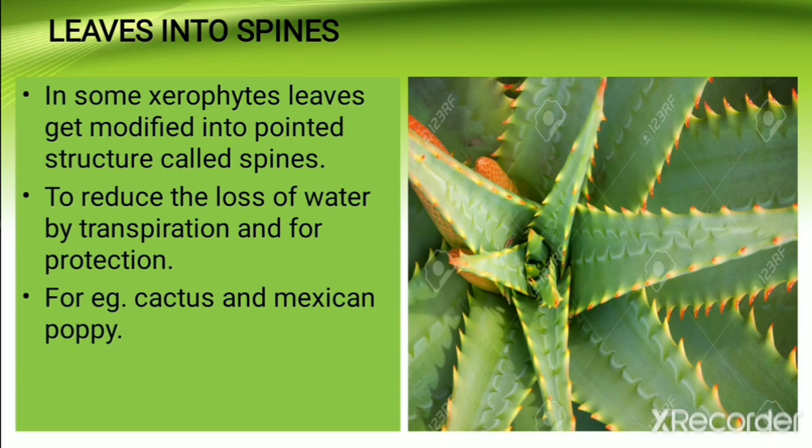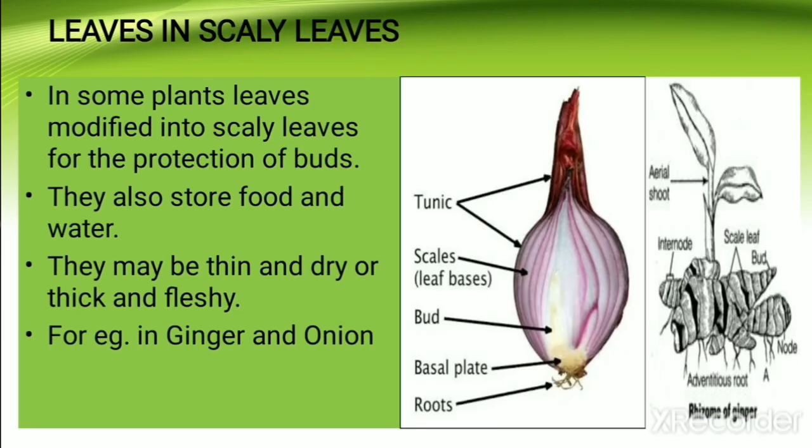So they convert their leaves into spines to reduce the loss of water through transpiration, and in addition those spines also protect them from grazing animals. This kind of modification of leaves into spines you can see in cactus, Mexican poppies and opuntia. There are many examples. Next is leaves into scaly leaves.